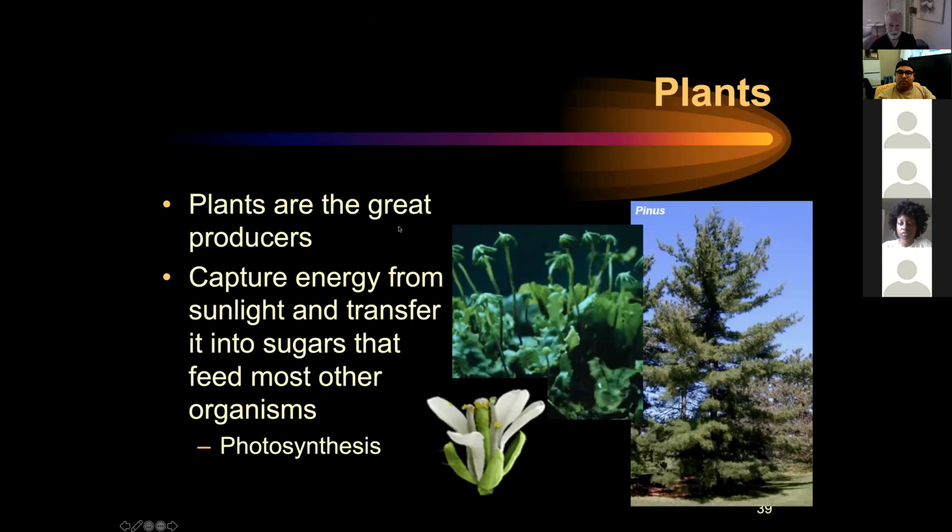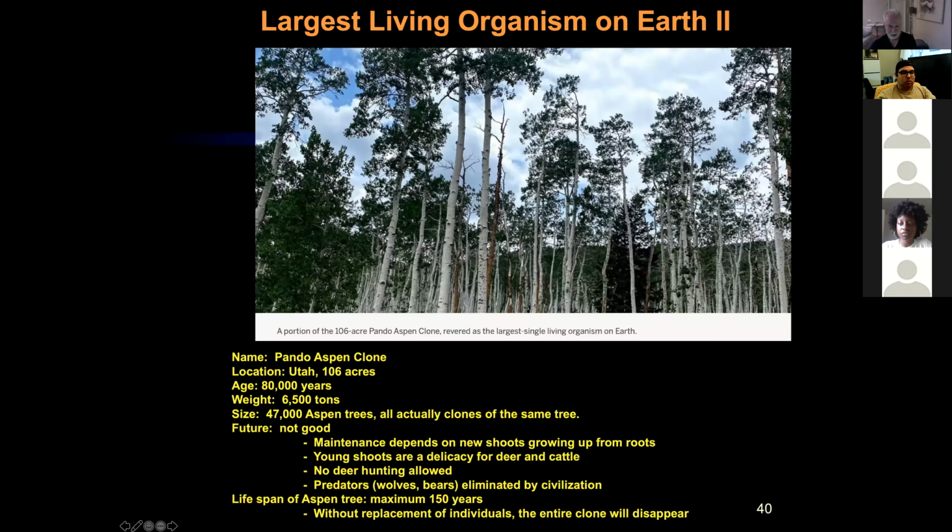But now we're going to turn to plants, and we'll talk a lot more about plants and photosynthesis later. There's another claim for being the largest living organism on Earth too. This is a stand of aspens called the Pando aspen clone. It's found in Utah. It occupies 106 acres.